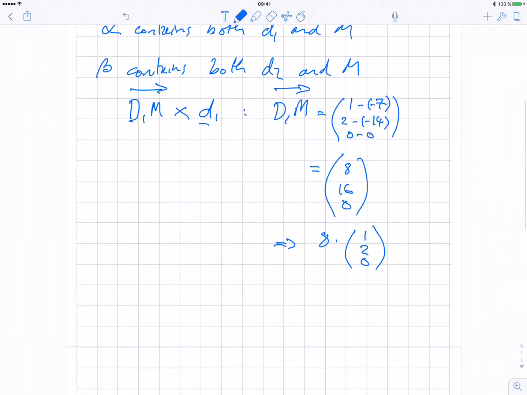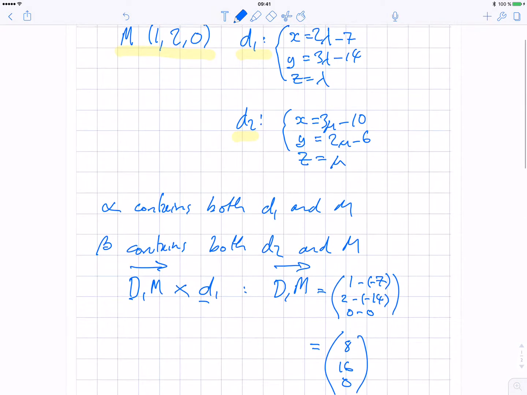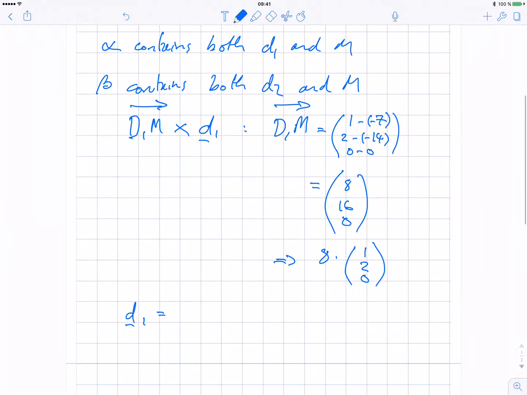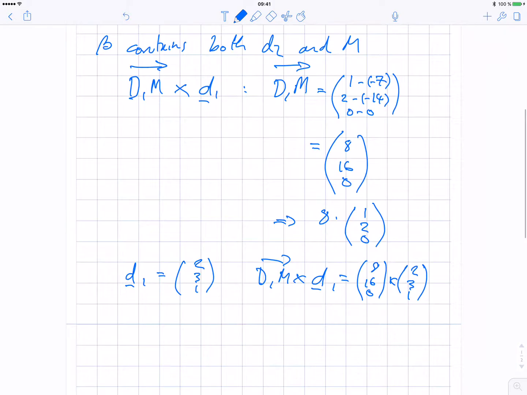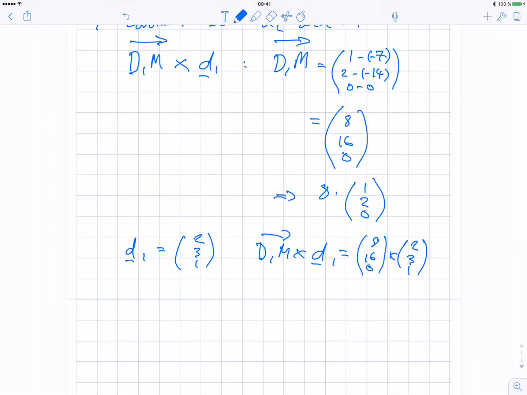Now we know the direction vector of D1 is, from above, (2, 3, 1). So if I cross these two vectors and simplify them down, I'm going to get (2, -1, -1).